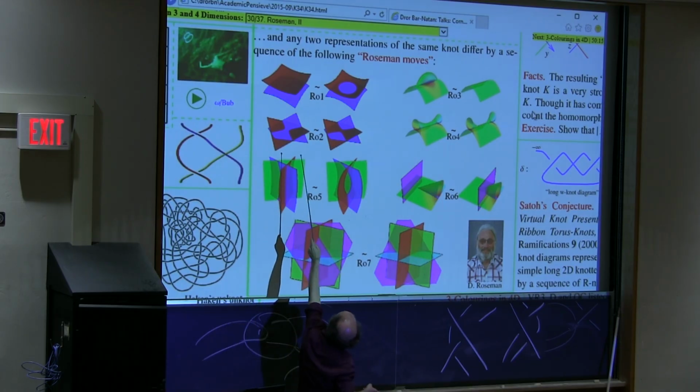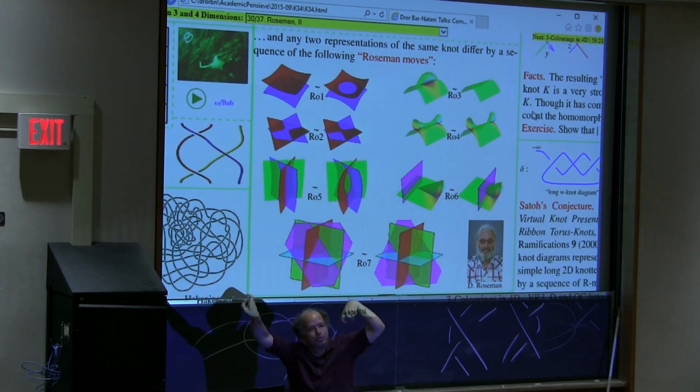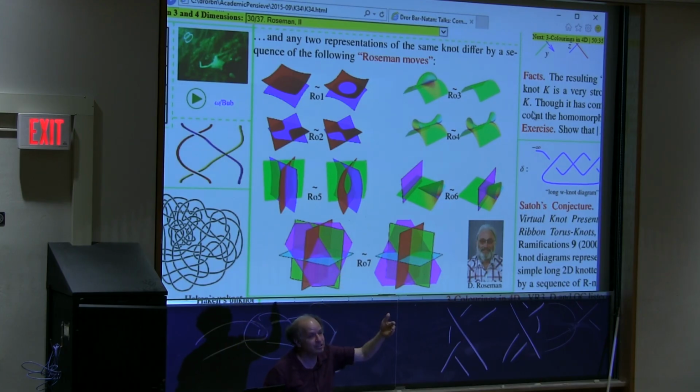So the first one is kind of like Reidemeister 2. So Reidemeister 2 was, you know, if you had two things like that, you can pull them apart. So now it's if you have two cups or two hats going through each other, but at different three-dimensional heights. So one is at different four-dimensional heights, at different T. So one is red and one is blue, you can pull them apart.